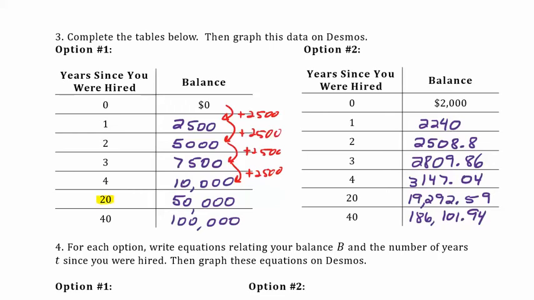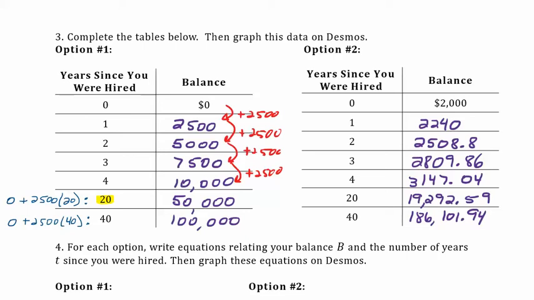So we need to think about the fact we're doing repeated addition. We're starting really with $0 in our account, and then we're adding $2,500 for each year, in this case 20 years. All right, for 40, we're starting with $0 and we're adding $2,500 over 40 years. And that's how you get the 50,000 and the 100,000.